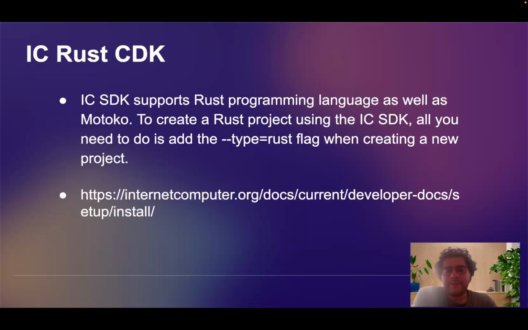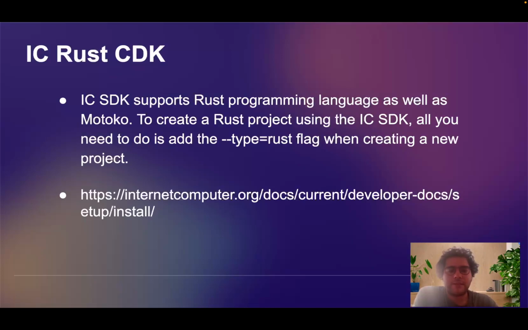IC Rust CDK. IC SDK supports Rust programming language as well as Motoko. To create a Rust project, all you need to do is add the type equals Rust flag while creating a new project. And this is a link to how you can install it. All these are present on the internetcomputer.org webpage. The Internet Computer actually supports several languages such as Motoko, Rust, Python, and TypeScript.